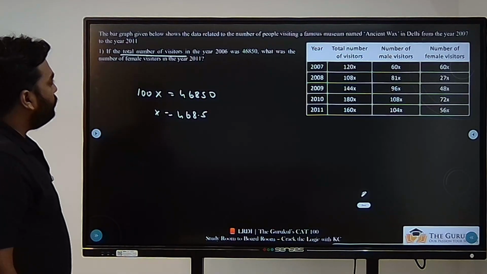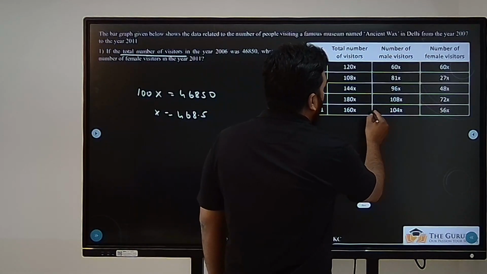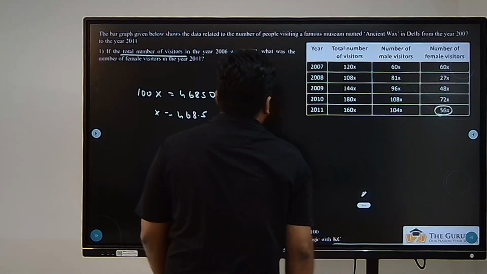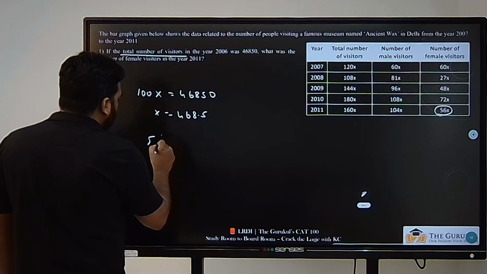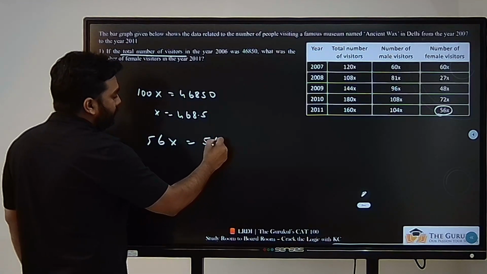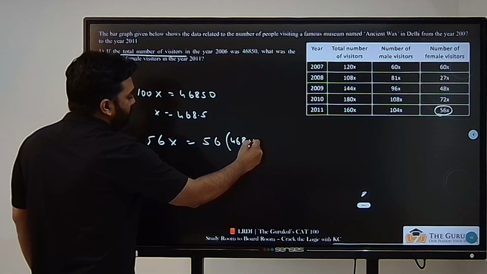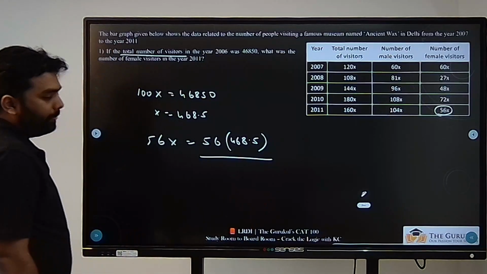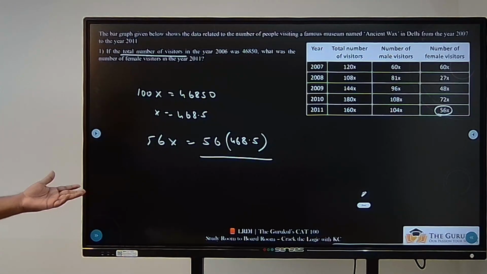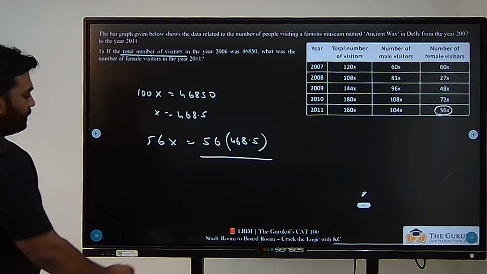They are asking about female visitors in the year 2011. 2011 female visitors is 56x. So 56x equal to 56 into 468.5. Now we don't need to multiply normally, anyway we'll have calculator, so we can get the answer with the calculator.